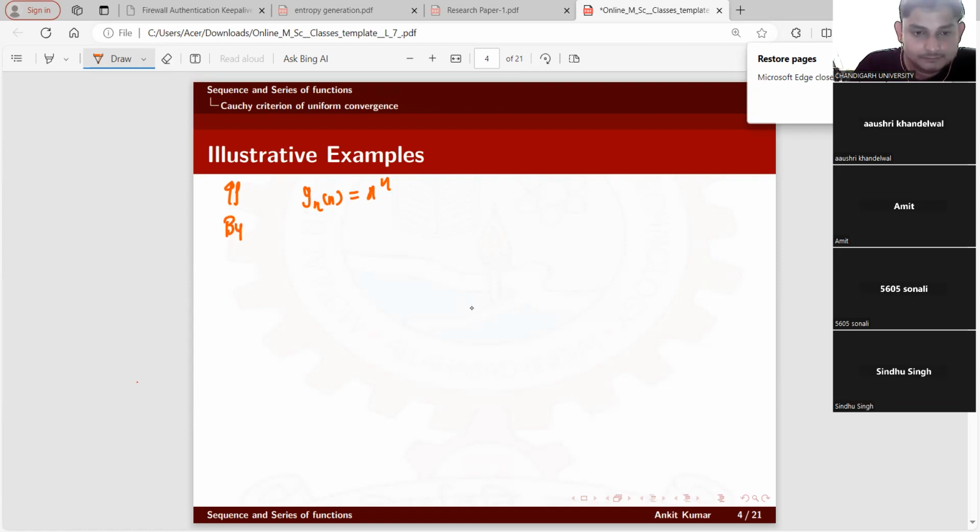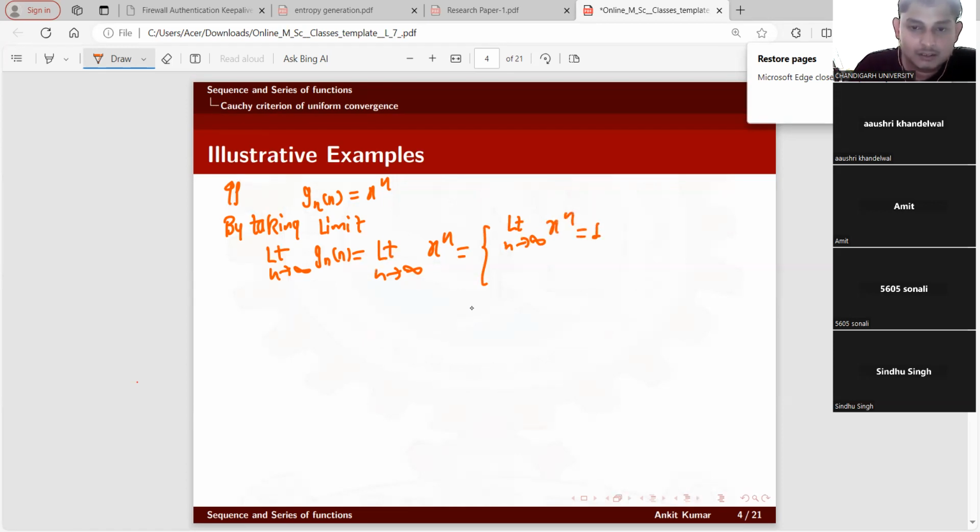By taking the limit as n tends to infinity of gn(x), which is equal to the limit as n tends to infinity of x to the power n, this is 1 if x is equal to 1, since the limit of 1 to the power n is equal to 1.